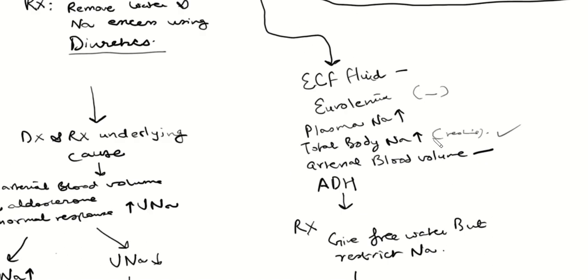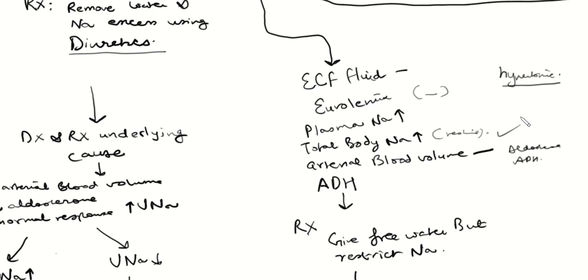Let's take a look at this. Let's start with this. We're going to do the same thing with it we did in hyponatremia. If the patient is euvolemic, their arterial blood volume is good, so aldosterone's not going to kick in, but ADH will. Why? Because remember, this is a hypertonic abnormality.